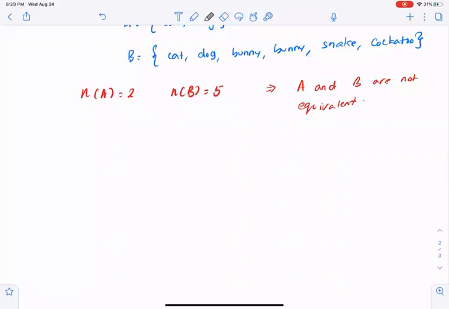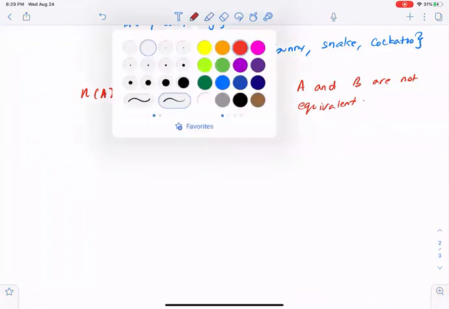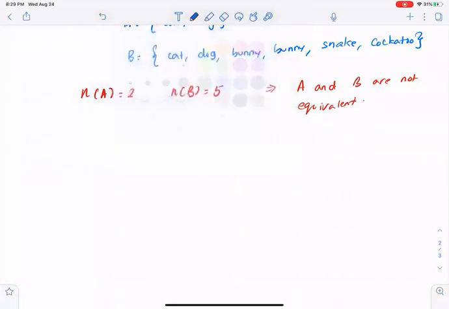Now we move on to the concept of a finite set. A finite set is one that is countable in some way. In other words, you can write its cardinality.